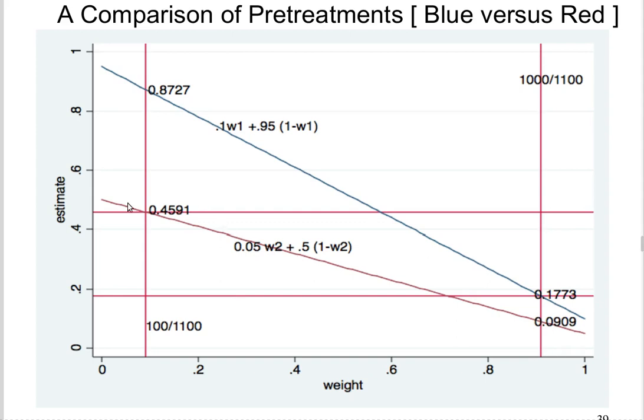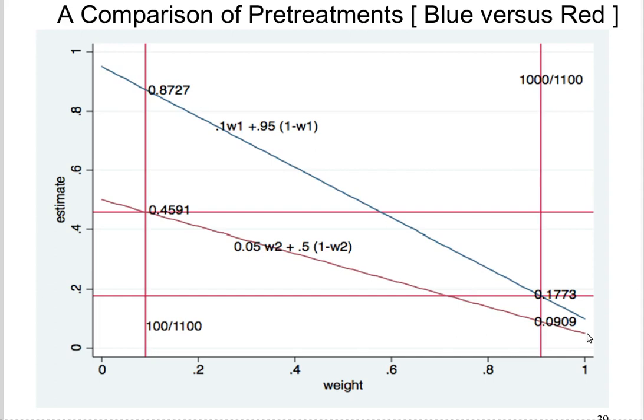Now notice 0.4591 is higher than 0.1773. That might have given us the impression that pretreatment 2 has a higher success rate than pretreatment 1. But on the other hand, this line for pretreatment 1 and this line for pretreatment 2 are possible other contexts we might have had if we had had different weights from different studies, say.